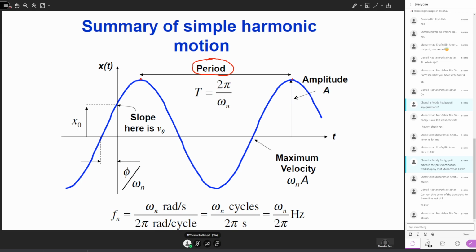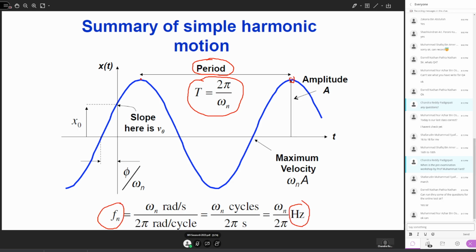This is the time taken to complete one oscillation or one vibration. So the period is defined as 2 pi over the natural frequency.